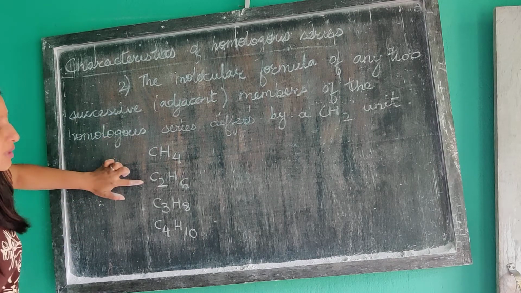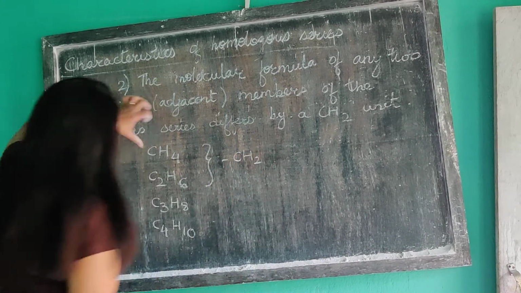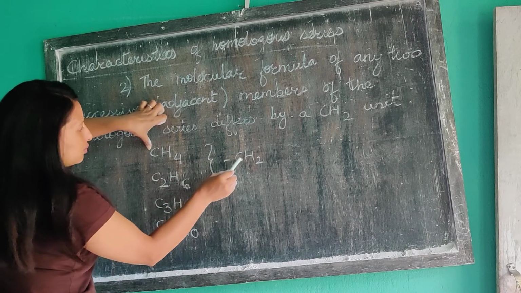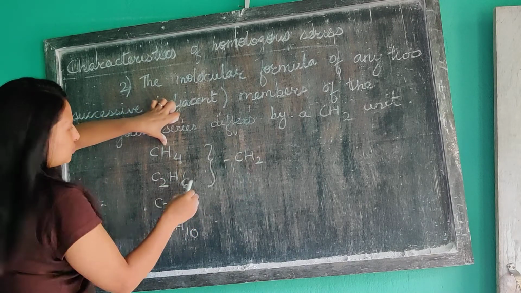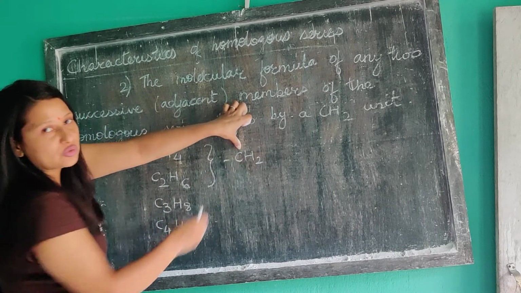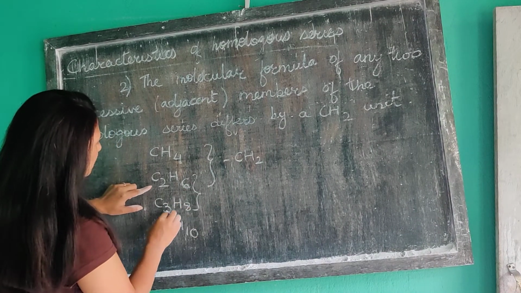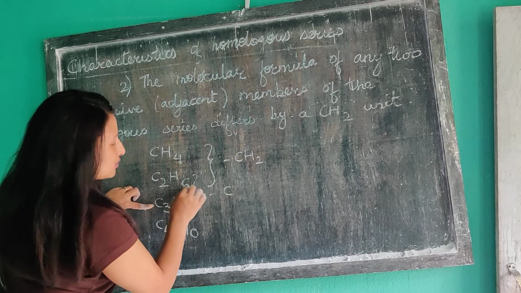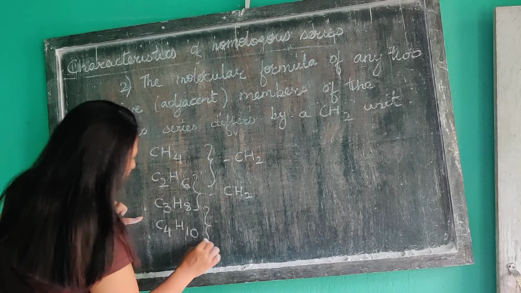How? Here carbon is 2, here it is 1, so 2 minus 1 is 1 carbon. Hydrogen is 6 here and 4 there, so the difference is 2. So the formula differs by one CH2 unit. Similarly for this and this: 3 minus 2 is 1, 8 minus 6 is 2. See, CH2.